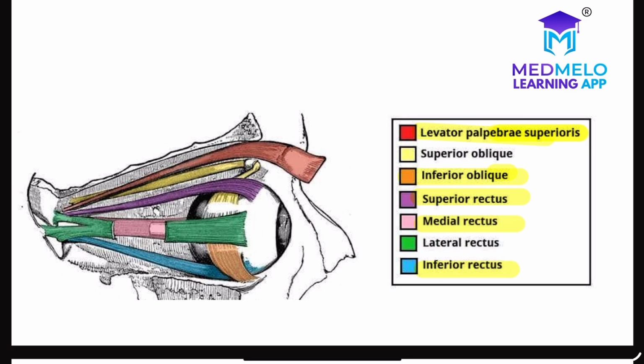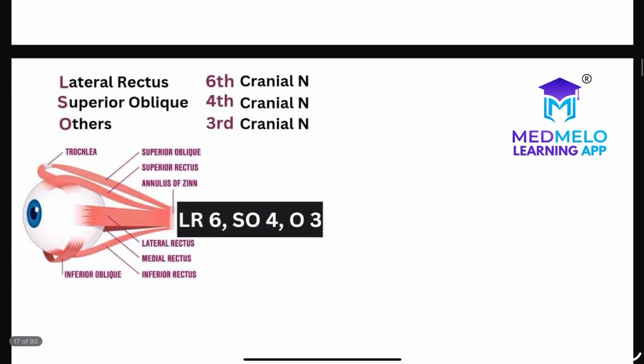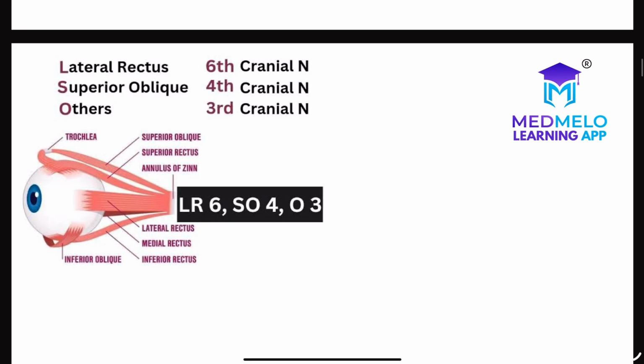These are supplied by the cranial nerve 3, that is the oculomotor nerve. The exceptions are the superior oblique and the lateral rectus. So we have to know the nerve supply of the lateral rectus and the superior oblique.